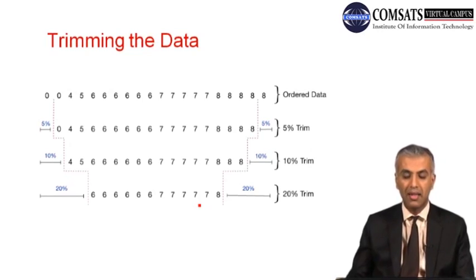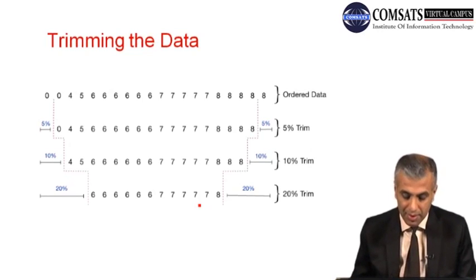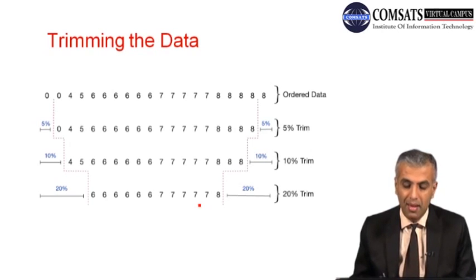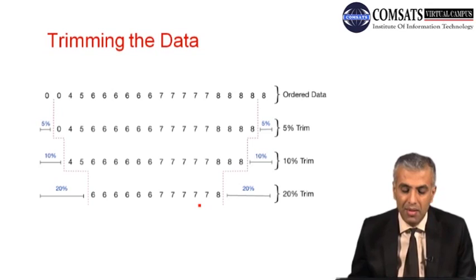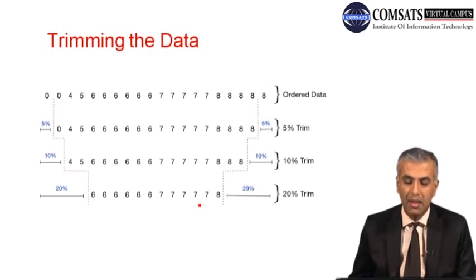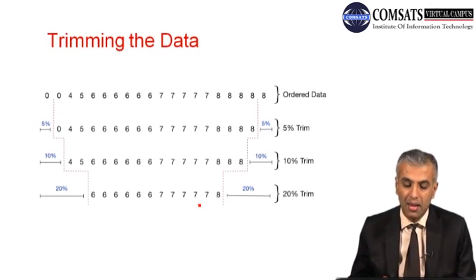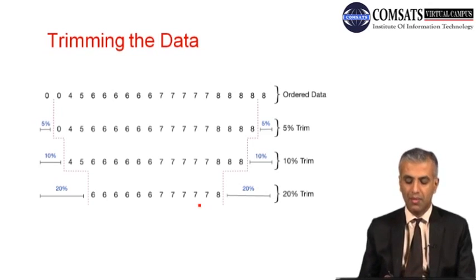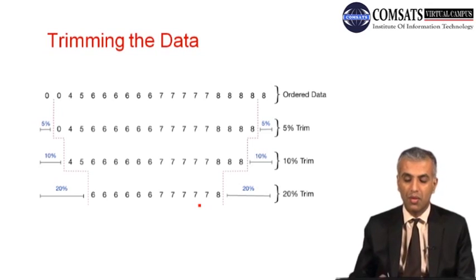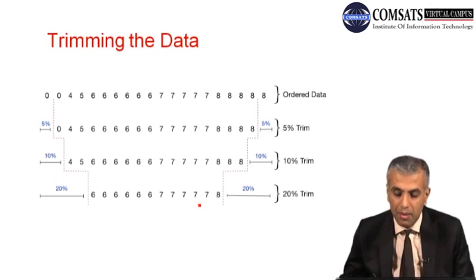First is the trimming of data, and here we can see a practical example. As you can see, first the data has been ordered, and then the mean was trimmed at 5%, and again it was trimmed at 10% also, then it was trimmed at 20% also.